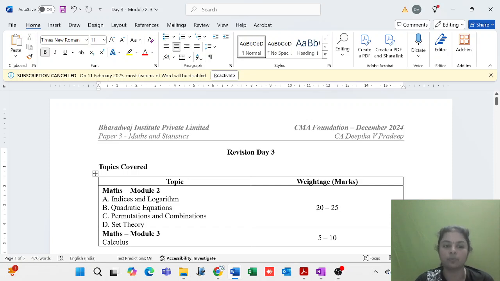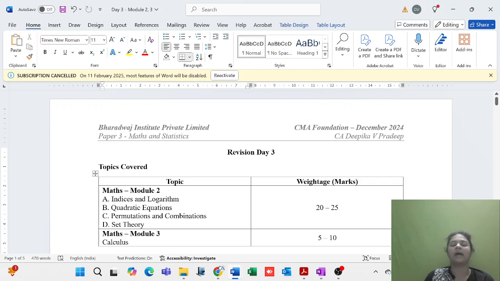But before I go to both, I want to quickly recap the concepts of set theory, which is a very small portion, probably 1 or 2 questions generally asked in the past exam pattern so far. So let's quickly recap the concepts of set theory and then we will go ahead with quadratic and permutation combinations.